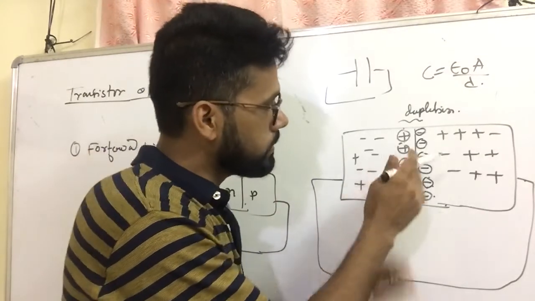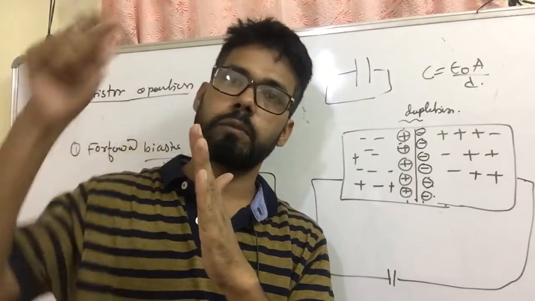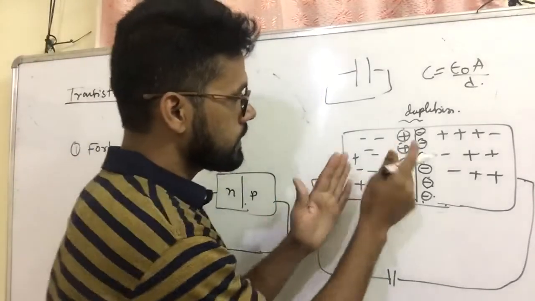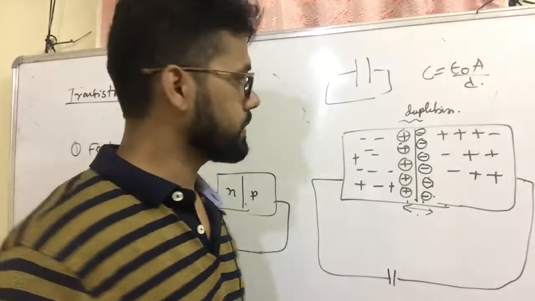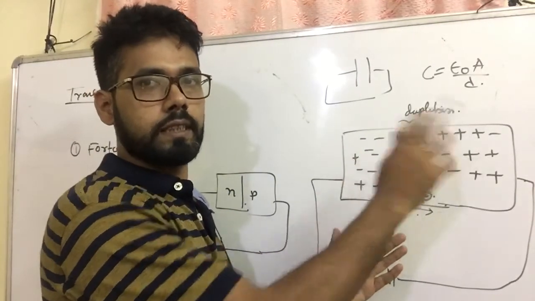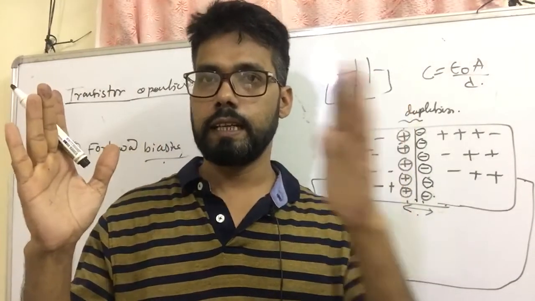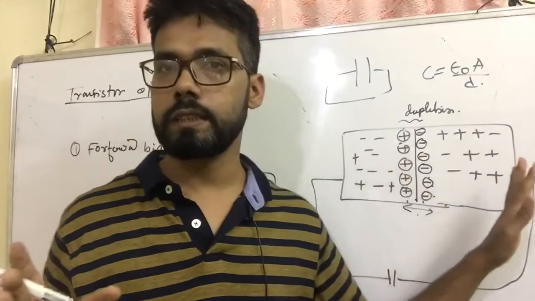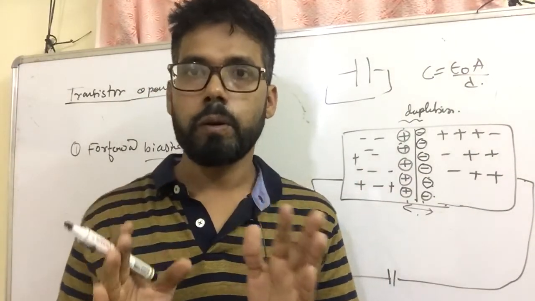If we reduce the width, then more electrons can jump from this side to this side. Suppose the depletion region is this width, and now a few electrons will move from this side. Now if the depletion region gradually increases, then what happens? Electrons from this side cannot move to this side. You will get zero current. This is in case of forward bias.